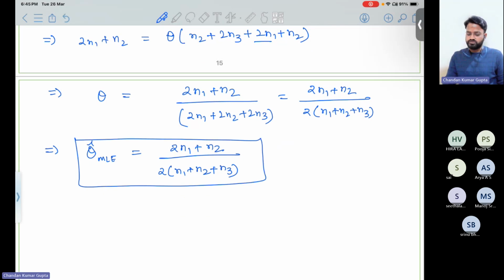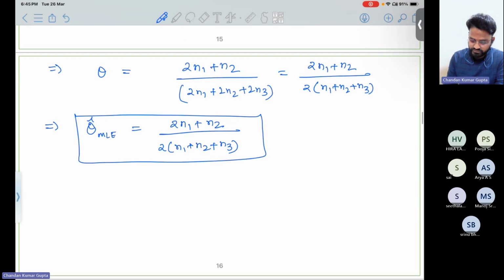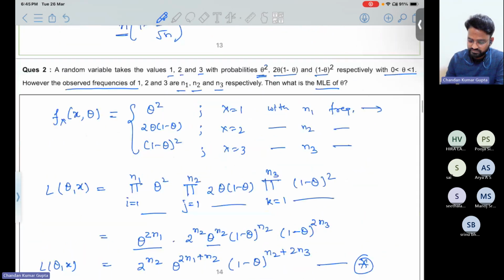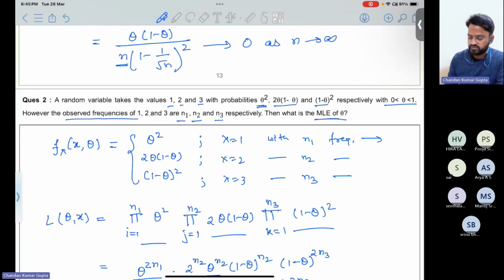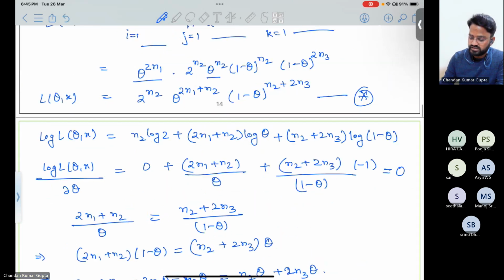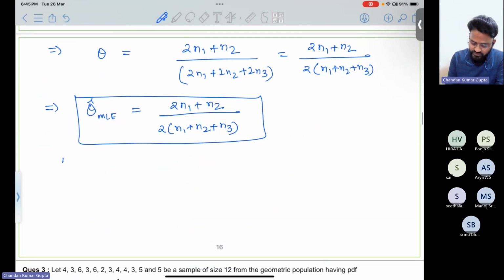It is a general version. Suppose our question is to calculate the MLE of theta, and suppose n1 equal to n2 equal to n3 equal to n.